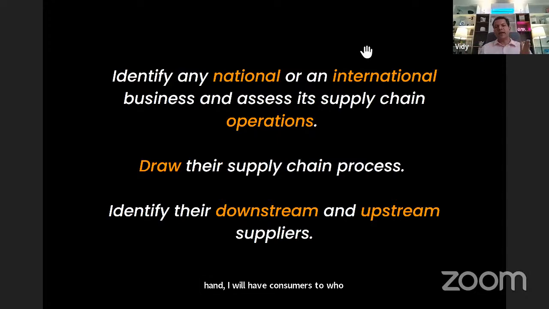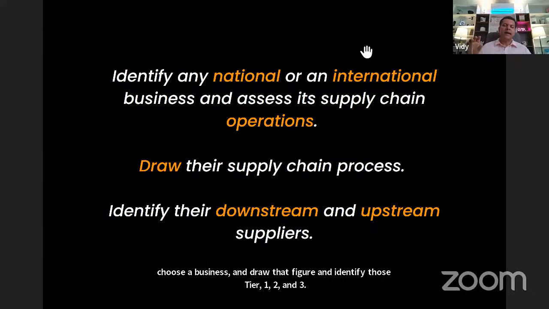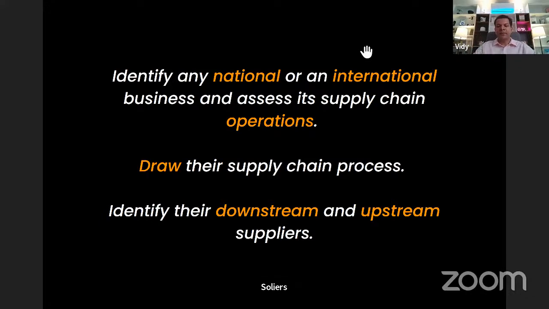So that is tier 1, tier 2, and tier 3 suppliers, and tier 1, tier 2, tier 3 customers. So choose a business and draw that figure and identify those tier 1, 2, and 3 suppliers and tier 1, 2, and 3 customers.